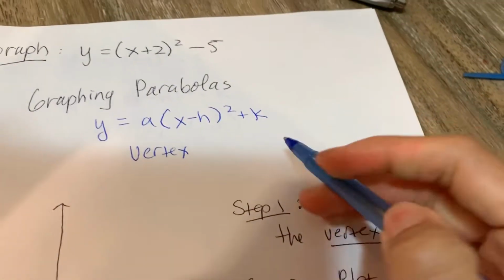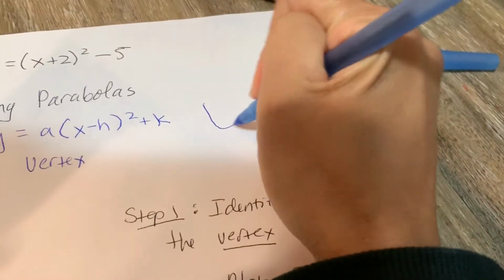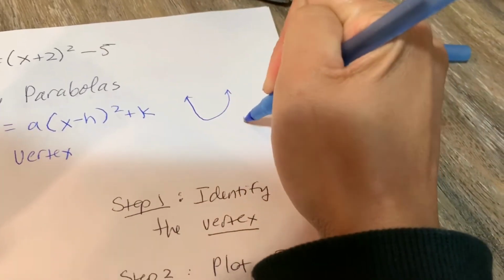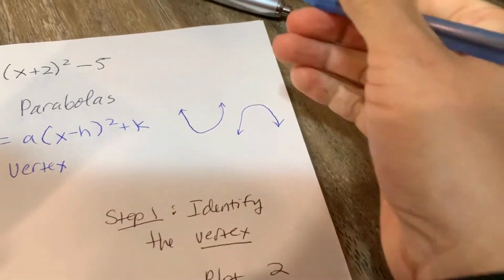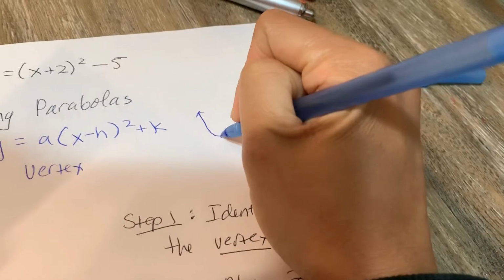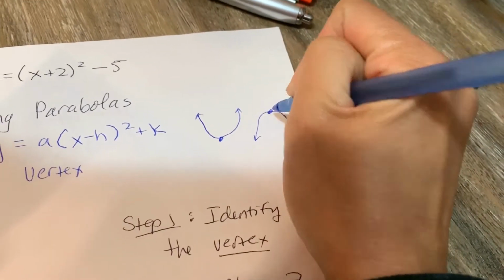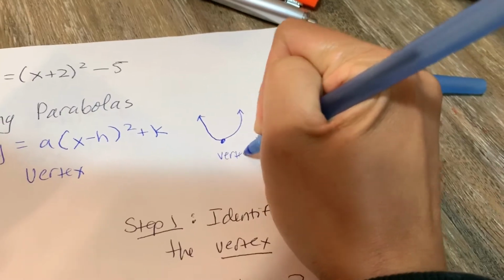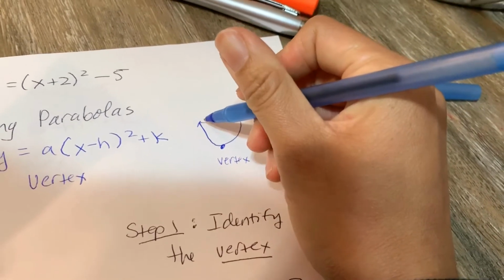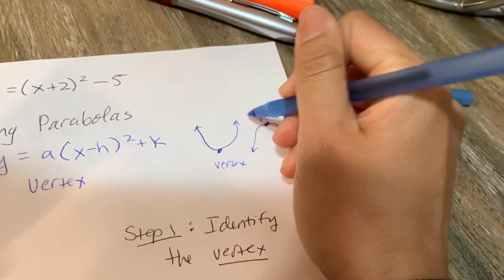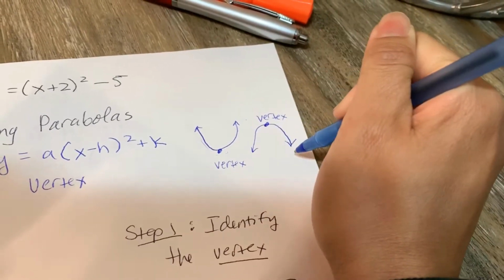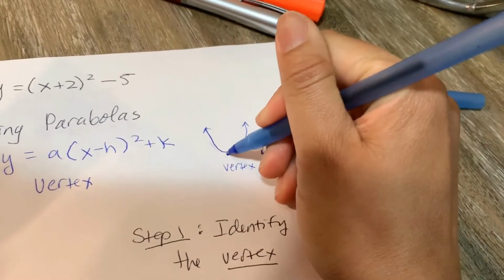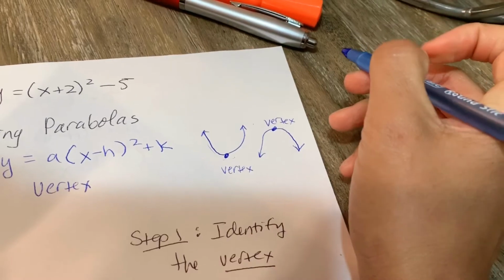So remember, a parabola could look like a happy face or it could look like a sad face, right? And what a parabola has is a point here that we call the vertex. And the vertex is the point where the parabola changes directions. Here it's going down, then it's going up. Here it's going up, and then it's going down. So the vertex is that point in which it changes direction.